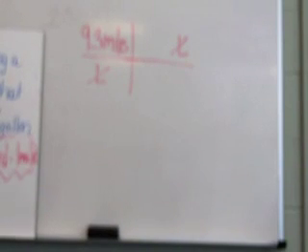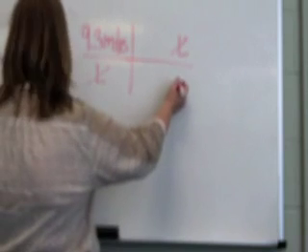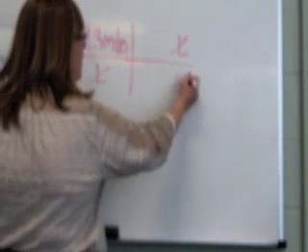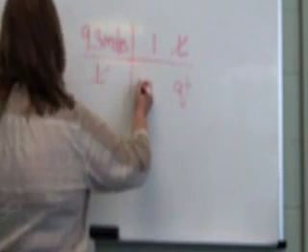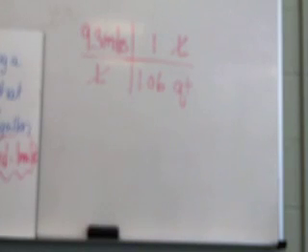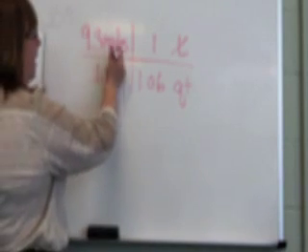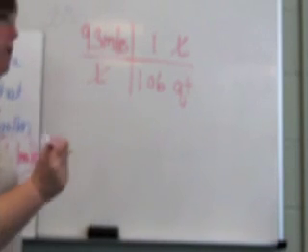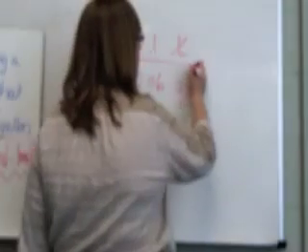And we had a conversion between liters and quarts. And a liter is 1.06 quarts. So now we would have the unit miles per quart, but we wanted miles per gallon.